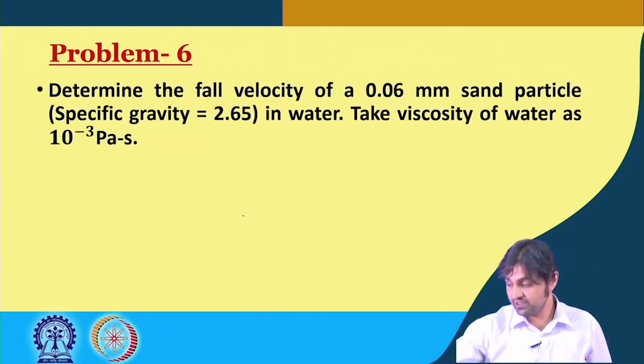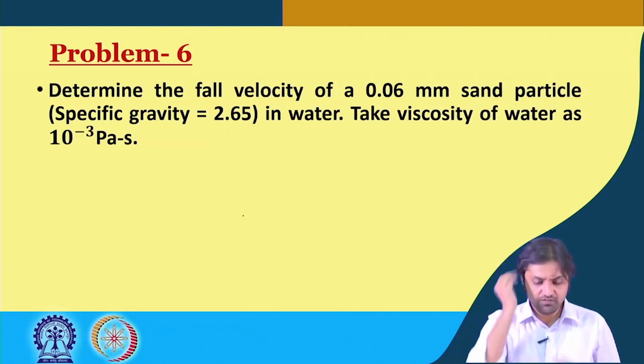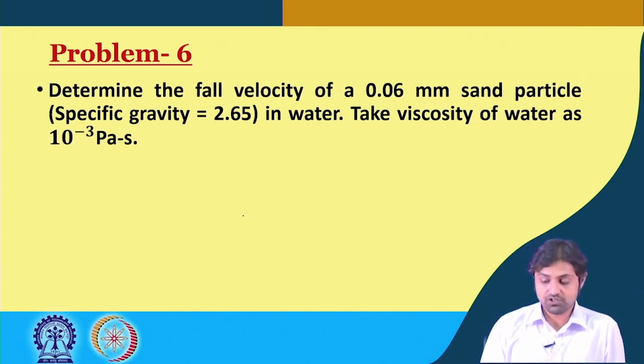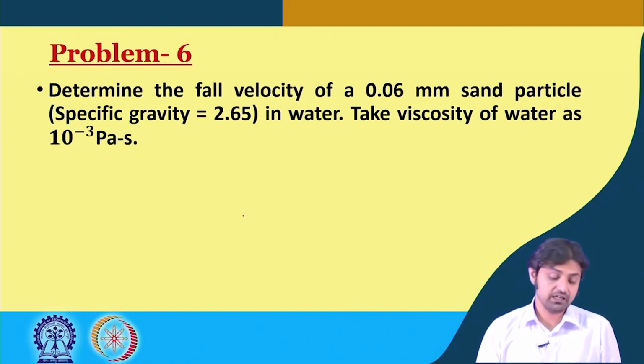The question says, determine the fall velocity of a 0.06 millimeter sand particle, specific gravity 2.65 in water. Take viscosity of water as 10 to the power minus 3 Pascal second. This is as simple a problem as it can get.